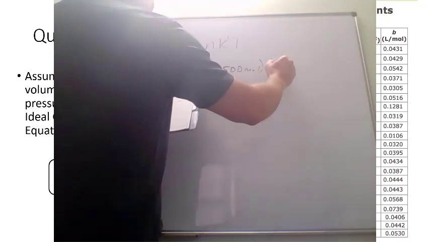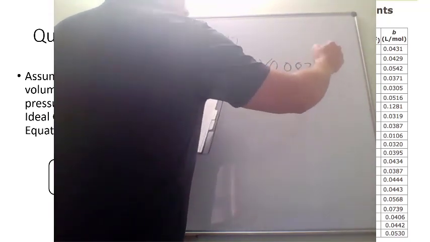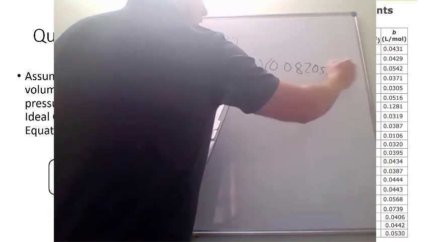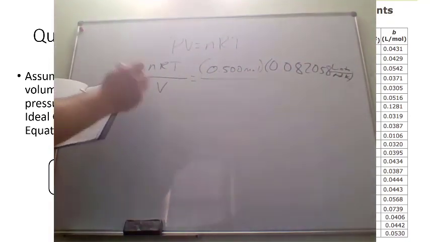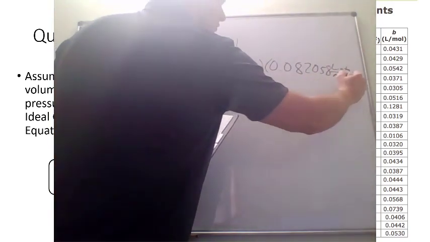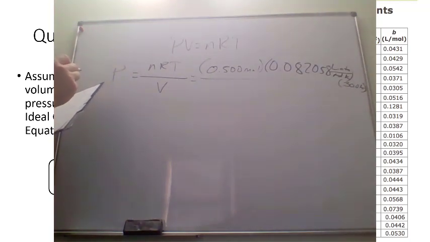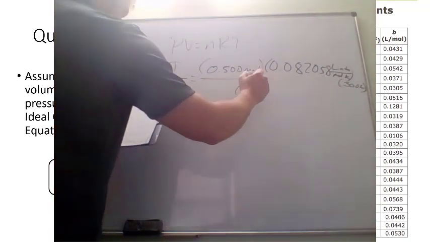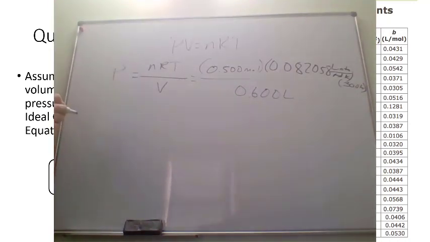Our gas constant is 0.082058 liters atmospheres over mole Kelvin. And our temperature we know, sorry we're running out of space here, is 300 Kelvin, over our volume, which is 0.600 liters.